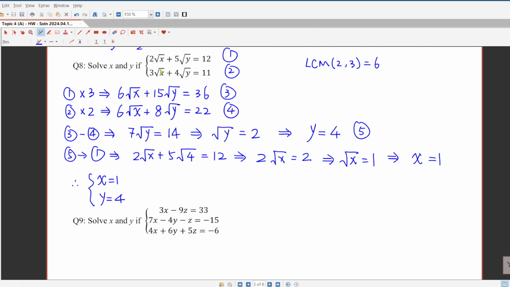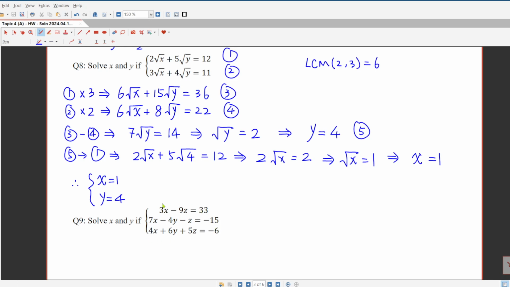So the key is to reduce the number of unknown variables. So the principle is true for the next question as well. Although we have a system of 3 linear equations, the nature should be the same.